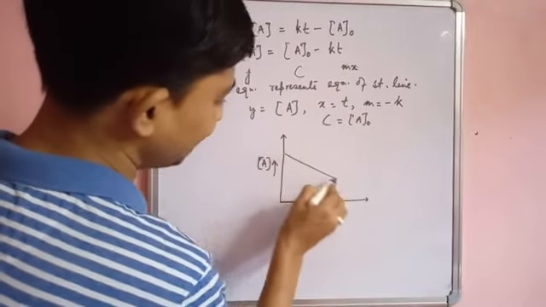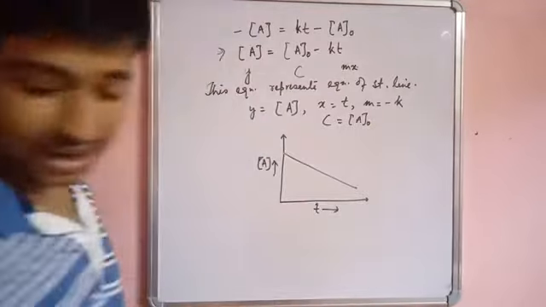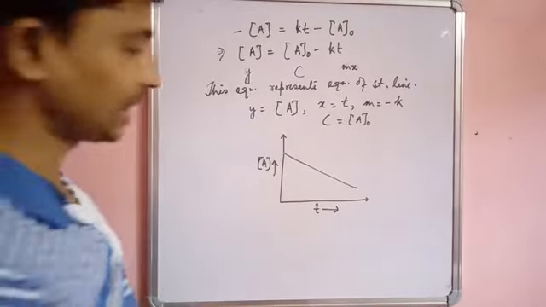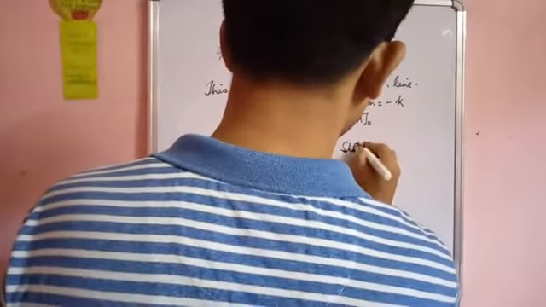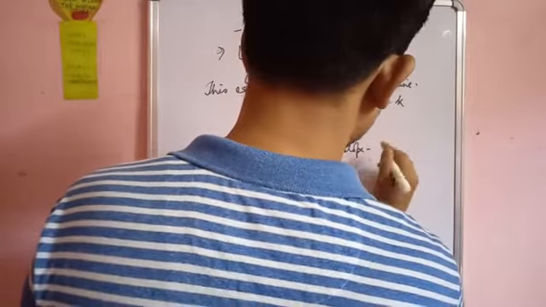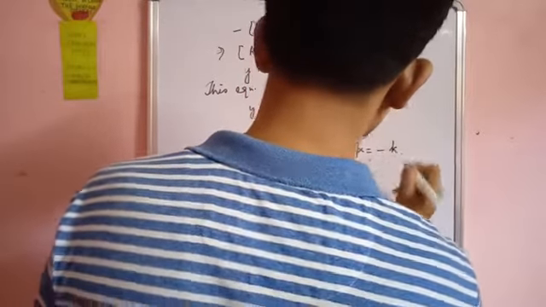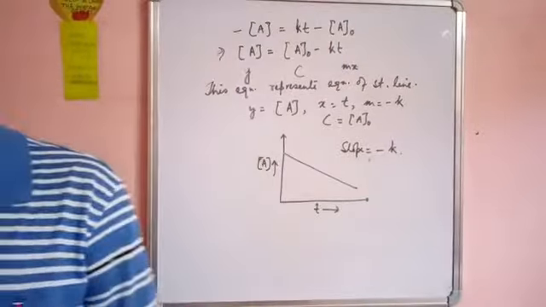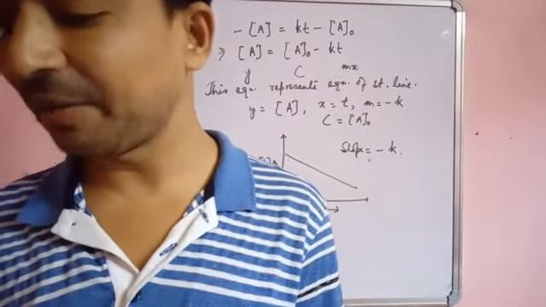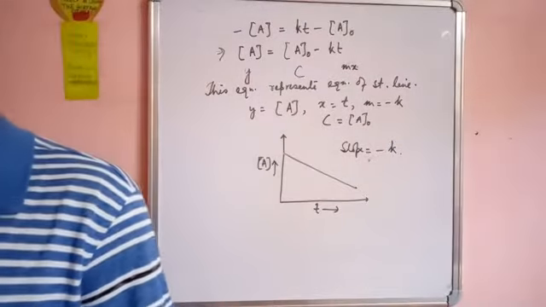The graph will be like this, with slope equal to minus k. This is a very, very important graph, my dear students.